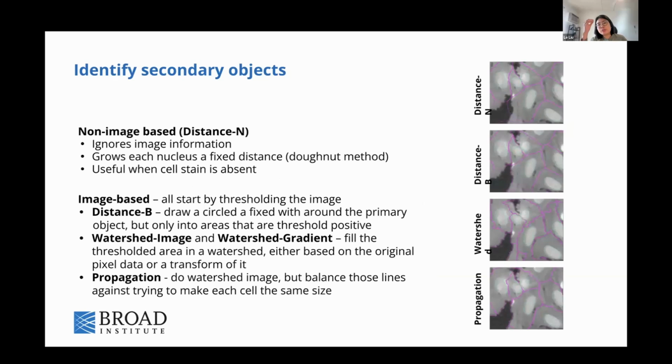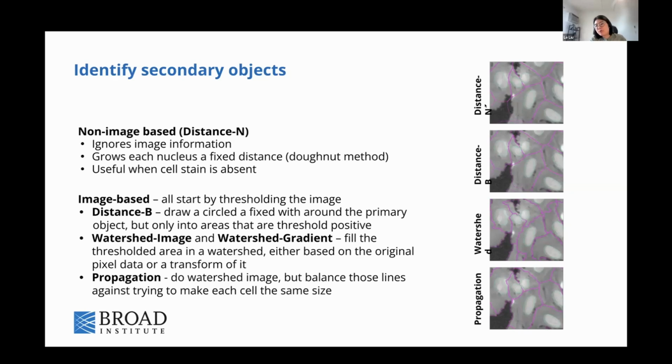For detecting the secondary objects over the nuclei already identified by identify primary objects, there are two methods. One is non-image based, the other is image based. The non-image based method is just based on the distance from the nuclei you identified, and it totally ignores the image information.